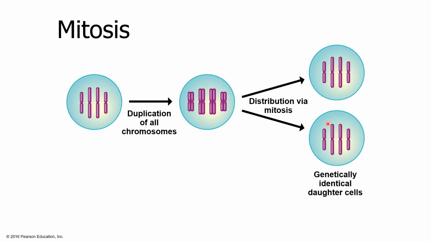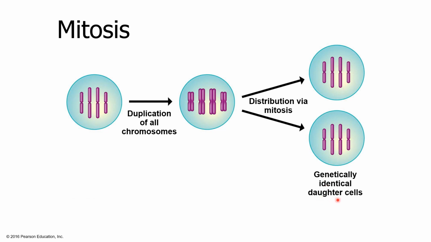And the reason why we didn't lose any of our chromosomes is because we duplicated them during the S phase. So therefore, since we duplicated them, each one is going to get a copy, and that's why it's extremely important for the chromosomes to actually duplicate themselves before the cell divides.